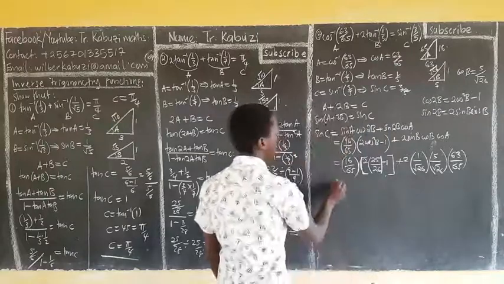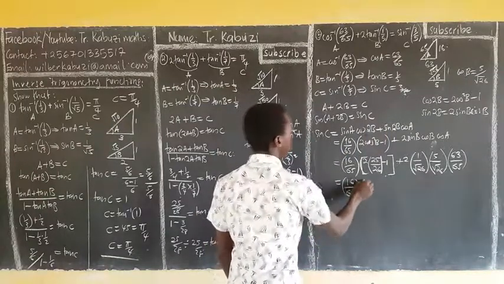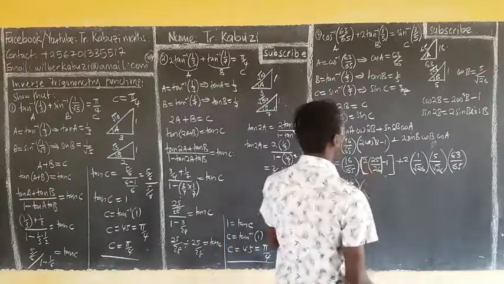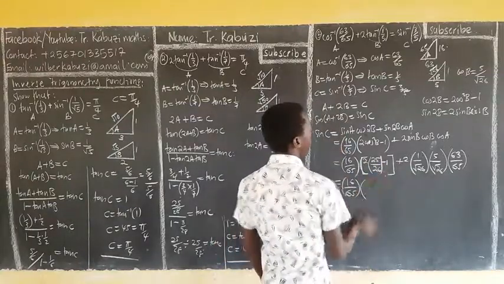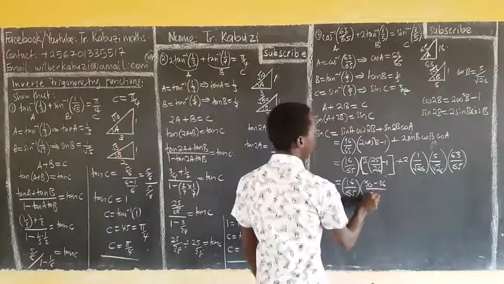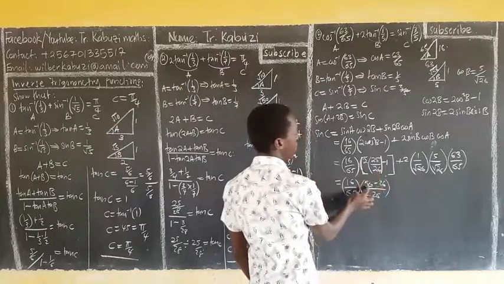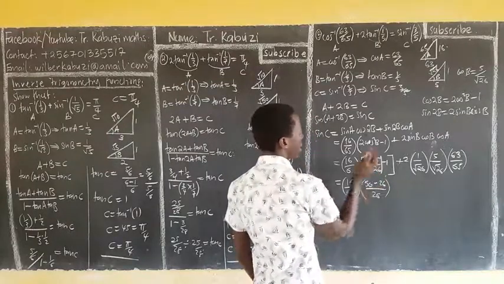And that's what we get. This will be 16 over 65 into 50 minus 26 over 26. If you cross multiply, this times this, you get 50 minus 26 over 26.